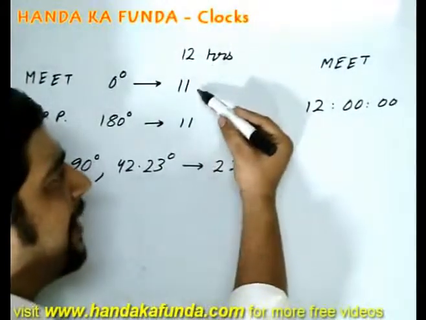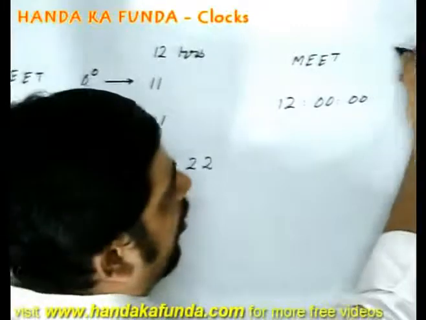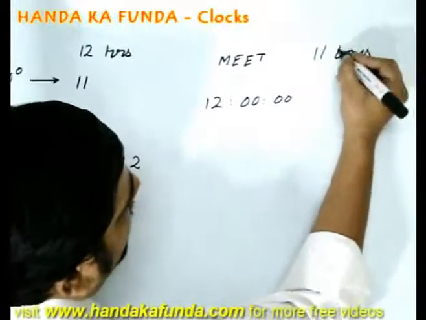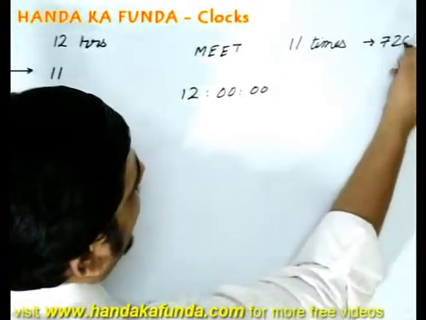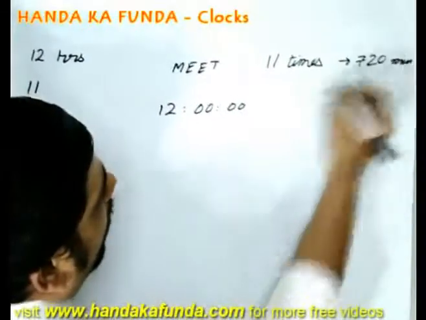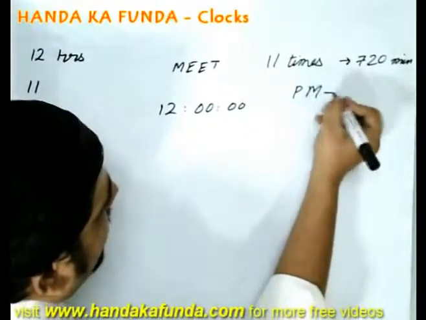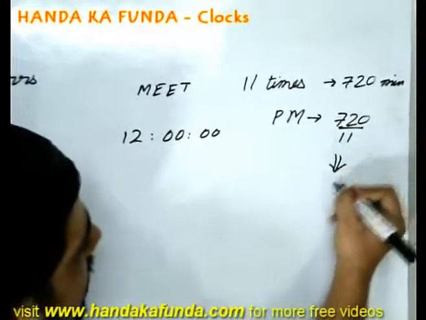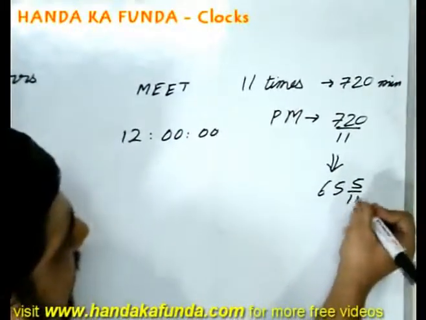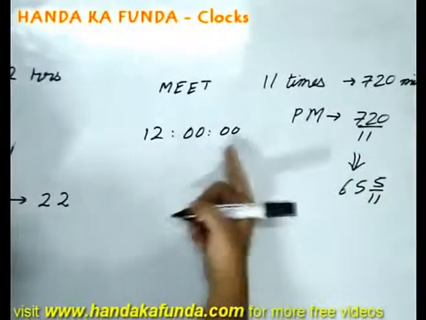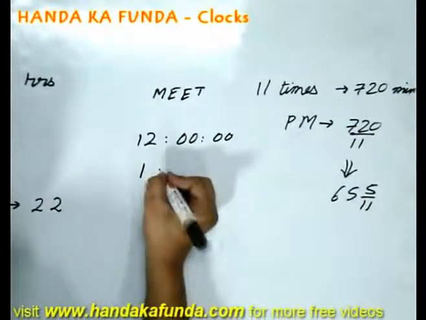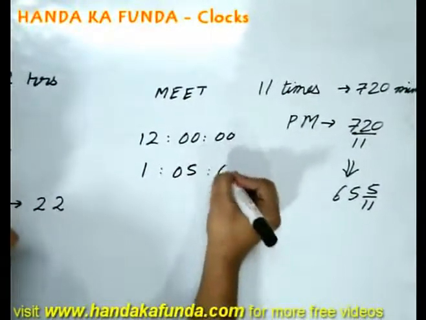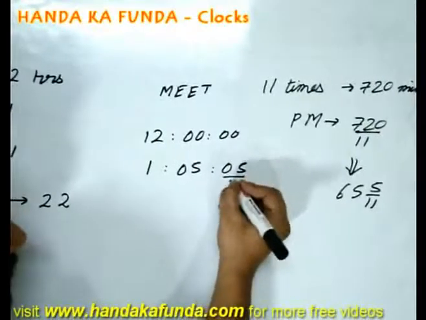The meeting is happening 11 times in 720 minutes. So, per meeting, how much time will it take? 720 by 11, which is 65 and 5 by 11 minutes. That means, after the first meeting at 12 o'clock, the next meeting will happen at 1:05 and 5 by 11.